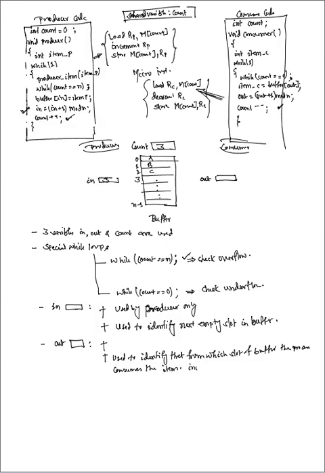Initially out equals 0, which means first we will take the value from location 0.